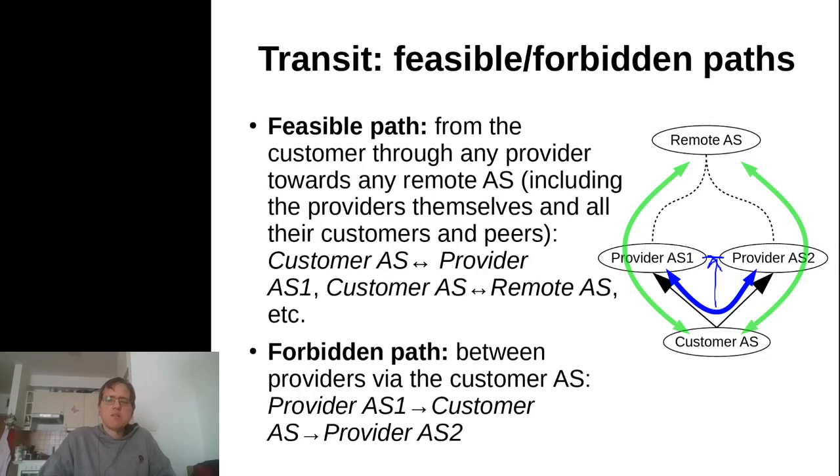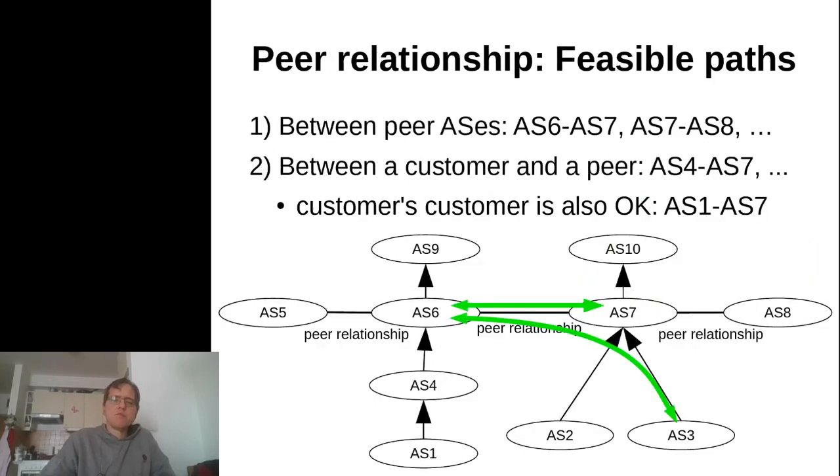So in this particular setup, when we consider only transit links, basically all paths starting from a customer AS or terminating in a customer AS will be allowed, or will be a feasible path, but any path that goes from one to another of the providers of a customer AS will be a forbidden path.